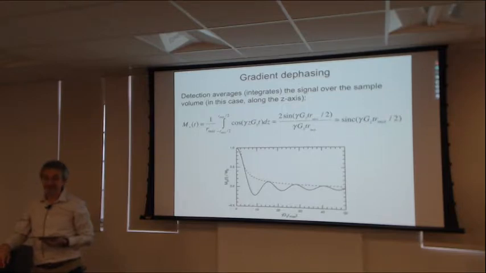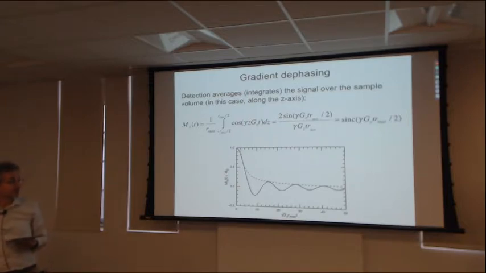And dephasing will become very inefficient. For single quantum coherence on a solution probe, a typical gradient strength would be something like 30 Gauss per centimeter.